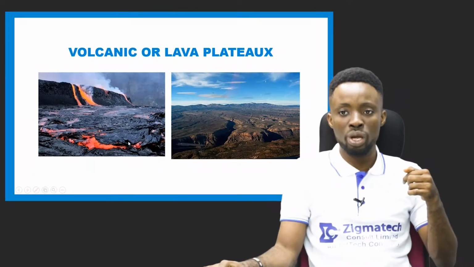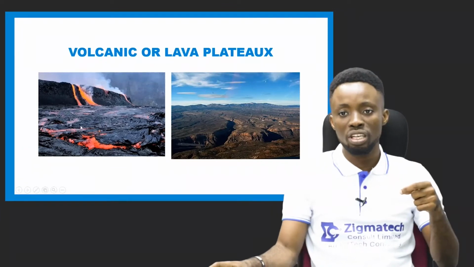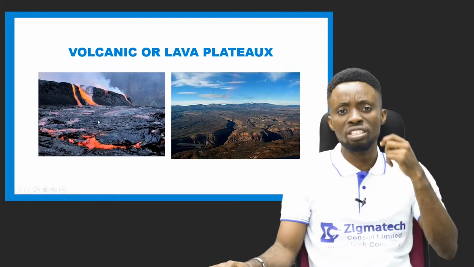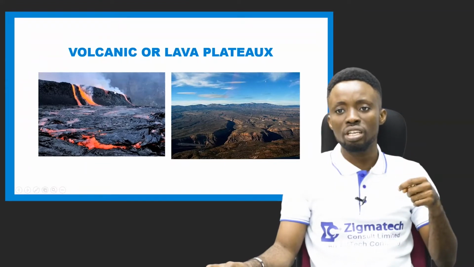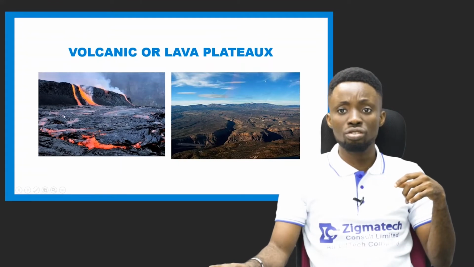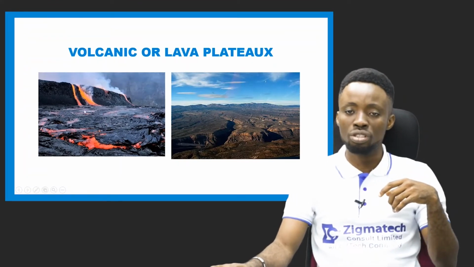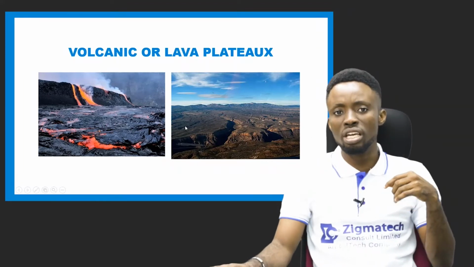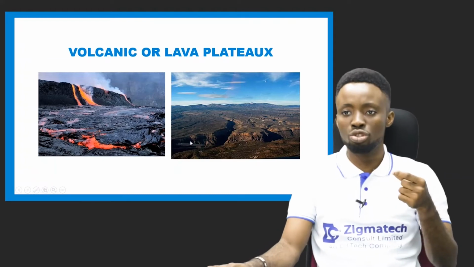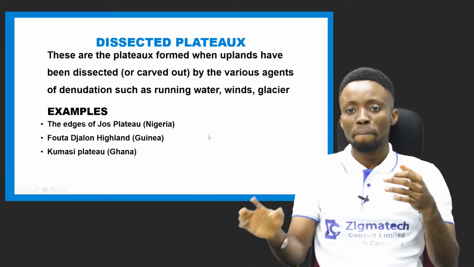As you can see, we have ejection of hot lava from the Earth's crust. Now, when this lava solidifies in such a way that it gives rise to the formation of a tableland as we have here, this tableland is referred to as a volcanic plateau, and they take the appearance of an igneous type of rock.